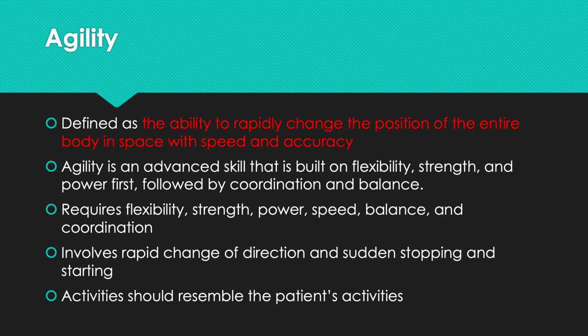Agility is an advanced skill that is built on flexibility, strength, and power first, followed by coordination and balance. It requires flexibility, strength, power, speed, balance, and coordination, and involves rapid change of direction and sudden stopping and starting. These activities should resemble the patient's activities that they need to be able to perform.